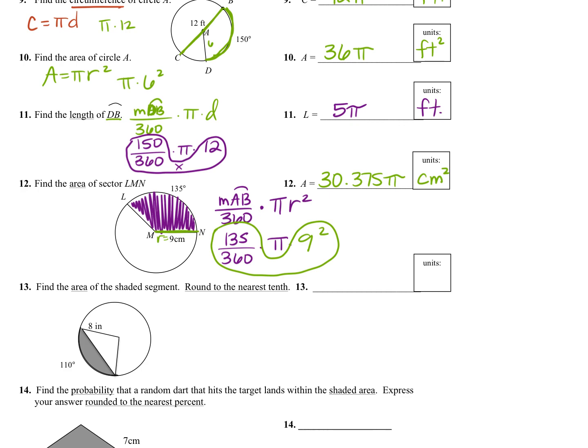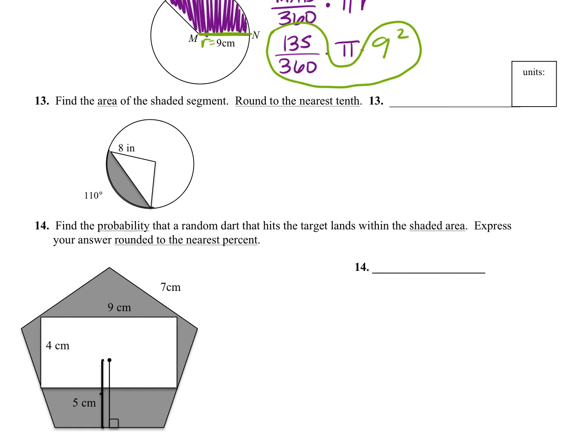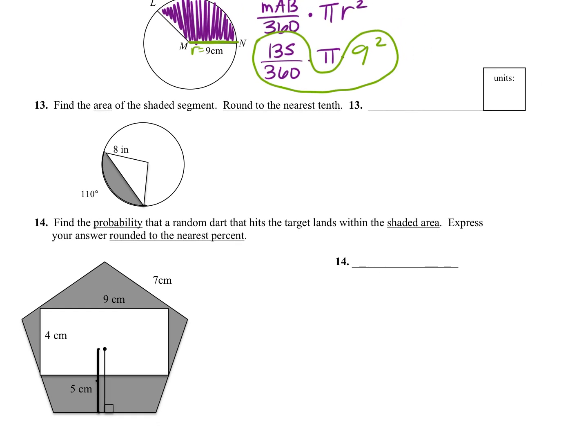All right. Then we get into these last few, finding the area of a segment, and then probability. Okay, area of a segment. Basically what you're doing to find the area of a segment is you take the sector, which would be all of this, right? This whole thing.